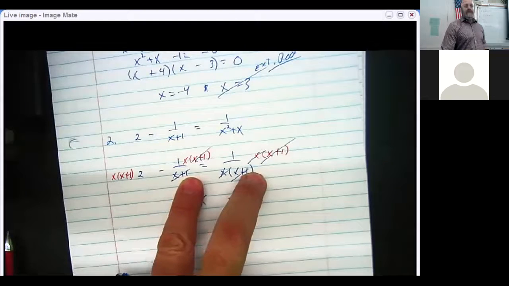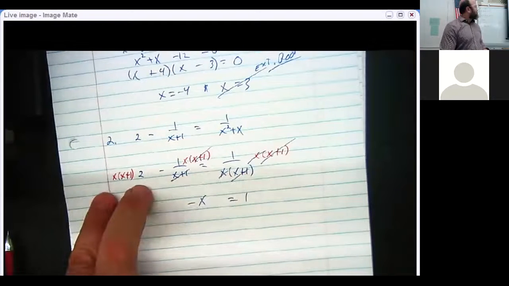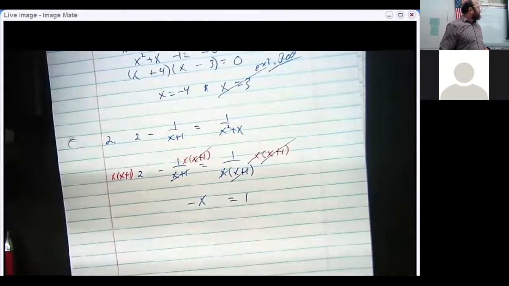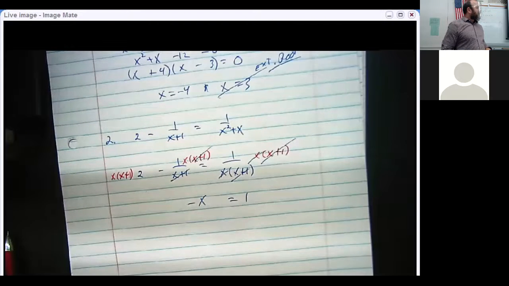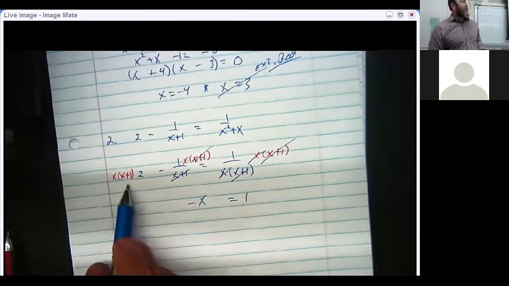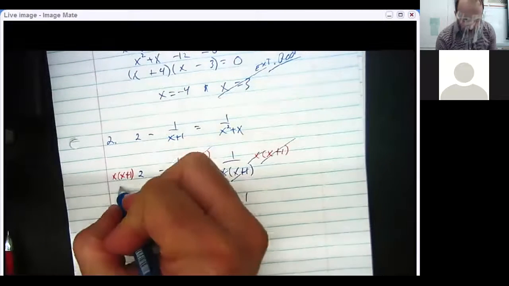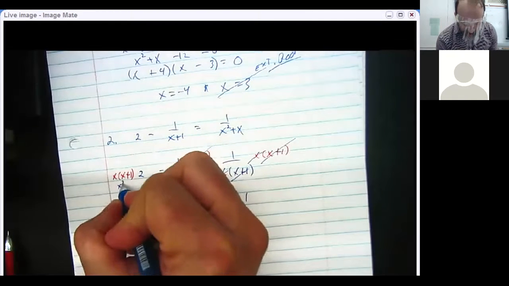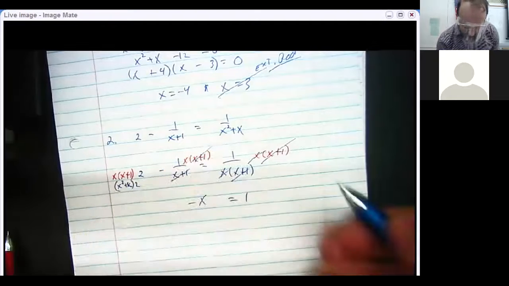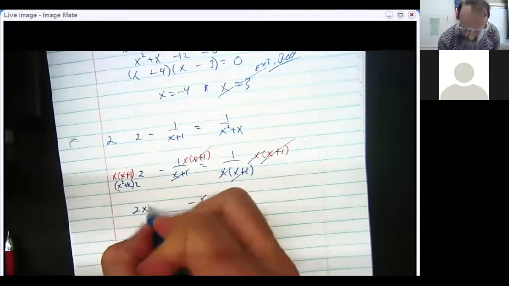I usually do the easy parts first. And then over here, what do you really have? I don't have x squared plus x. I should have 2x squared plus 2x, right? Because I have x times x plus 1 is this, but it still has that 2 in front.